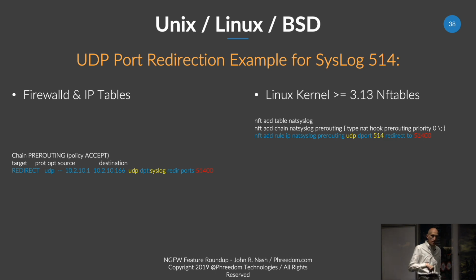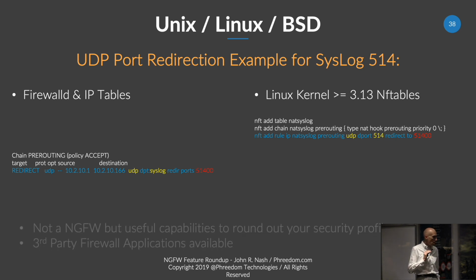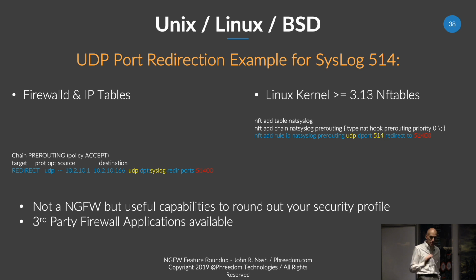Everything's working great, and we decided to put it in production, so we're going to run the program as a non-privileged user. Guess what? It couldn't bind to port 514 because that's a protected port. So that's kind of interesting to know. A lot of server operating systems will protect those lower ports just because they're considered well-known or a little more trusted, which they shouldn't be, really. I mean, all ports should be equally untrusted.